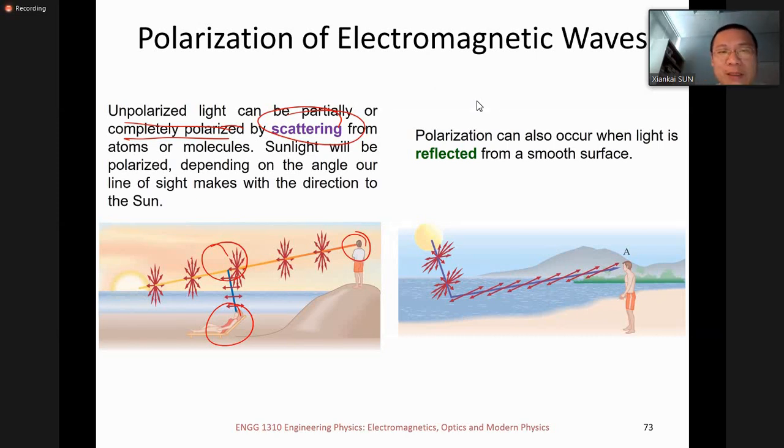So different processes generate light of different polarizations. And in another process, a gentleman standing on the beach will see the reflected light of sunlight, linearly polarized.